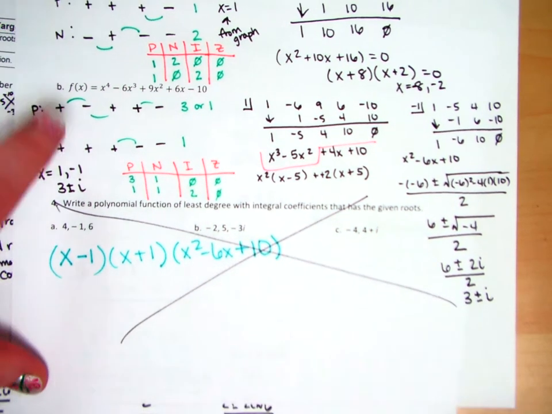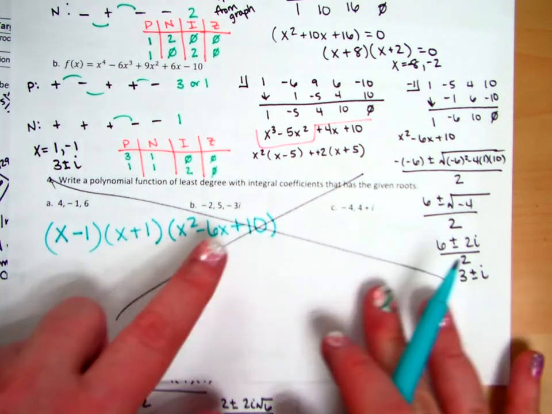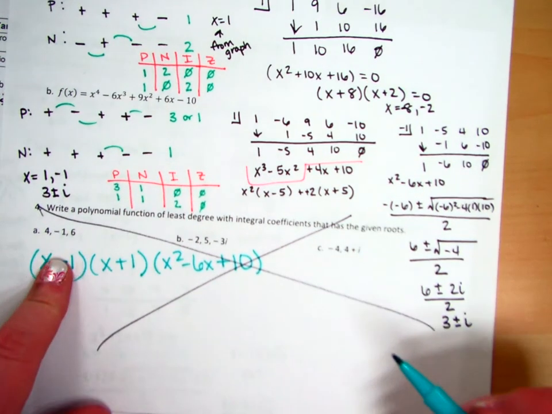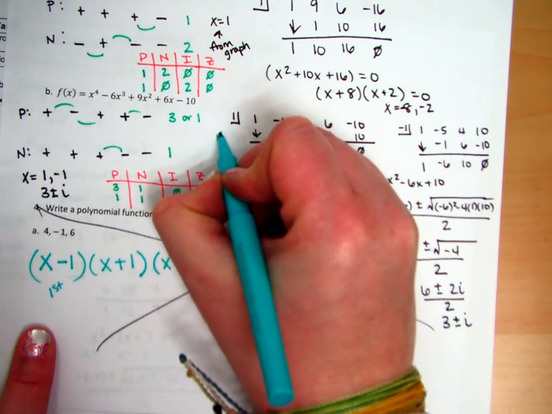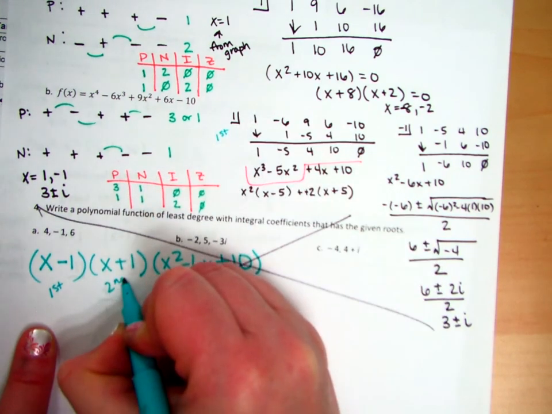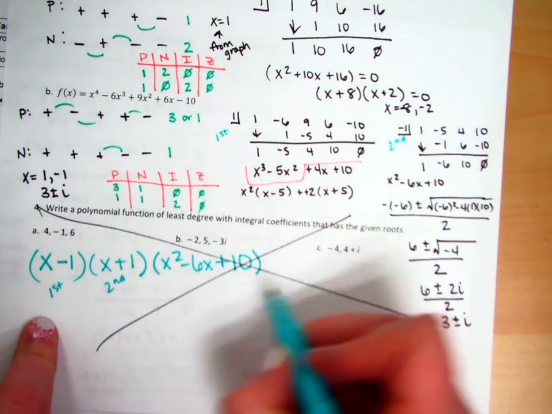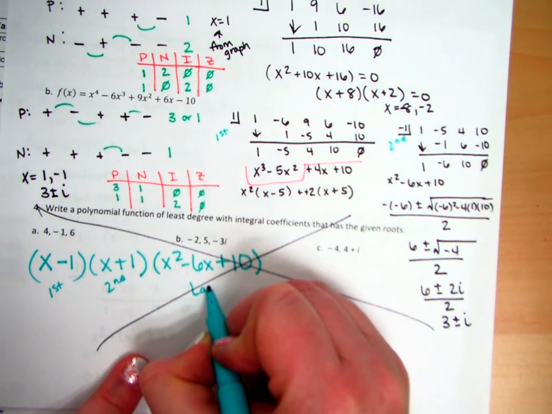These are my factors. Now, where do they come from? So, the x minus 1 comes from here. So this is first, second, and then last.